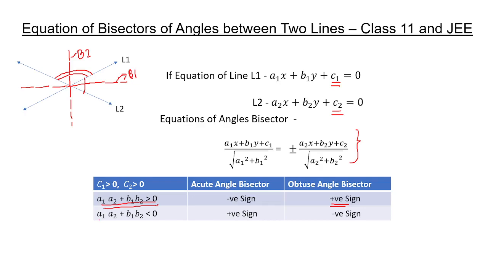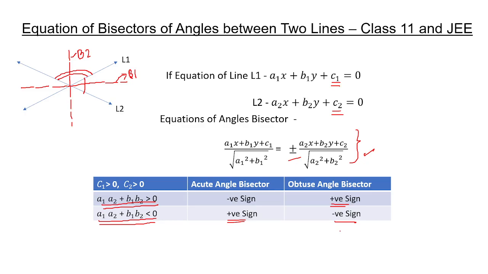If a1a2 plus b1b2 is less than 0, if it is negative, then it is reverse. Means if we take the positive sign in this formula, that would be the equation of the acute angle bisector. If we take the negative sign in this formula, then that would be the obtuse angle bisector.